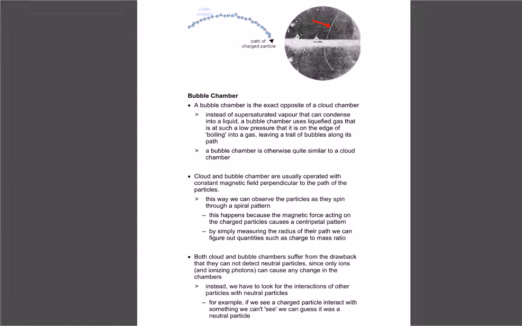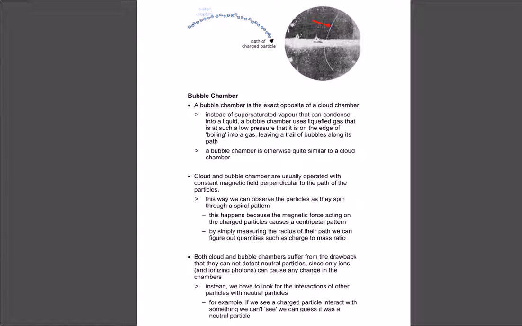A bubble chamber now is pretty much exactly the opposite. Instead of having water vapor inside that we try to disturb, we put a supersaturated liquid in there, so we have some sort of liquid that's already at basically boiling point. We're ready to have this liquid boil, but not quite.